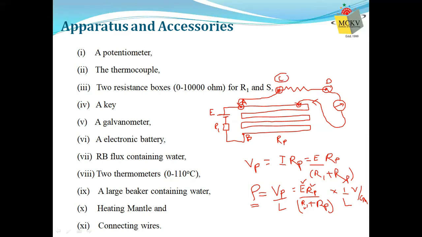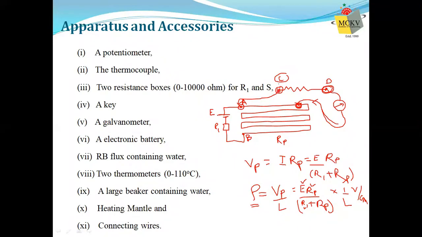Now let us say a situation arrives where this jockey is touching the potentiometer wire, and the potential at the wire and the potential of the point D are the same. Then there will be no current flowing through this circuit.